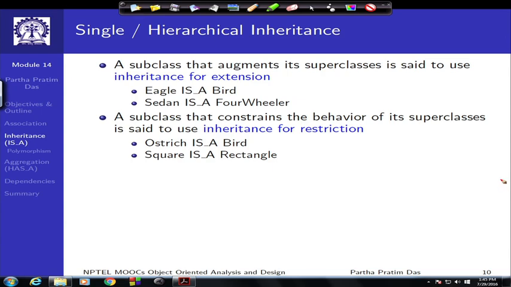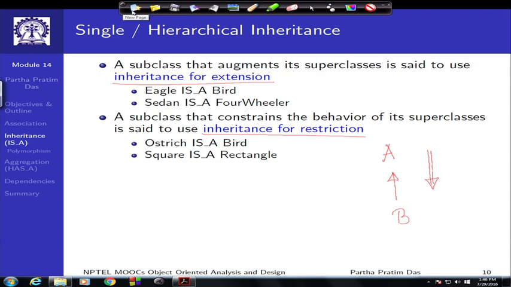So, in terms of this, let me also introduce 2 more notions, that of inheritance for extension and inheritance for restriction. We have said that as we go from generalization to specialization, this is a hierarchy. As we go from generalization to specialization, we inherit all the properties and then add some additional properties in the subclass. These added properties could be adding on to what you inherited, but they could also restrict what we have inherited.